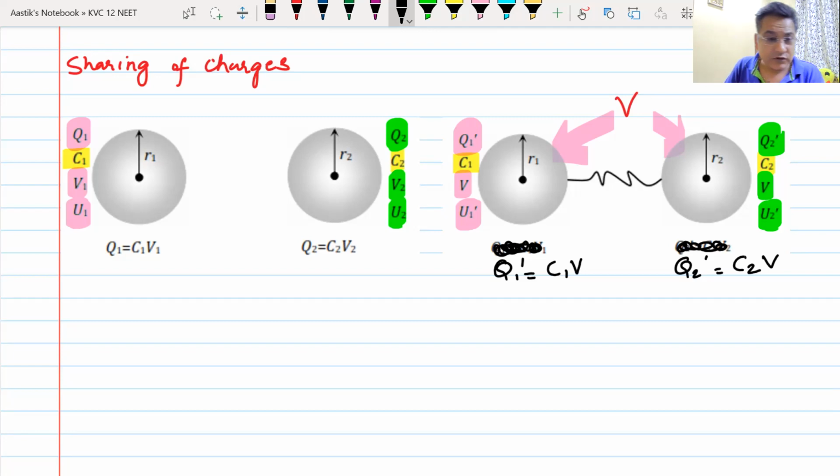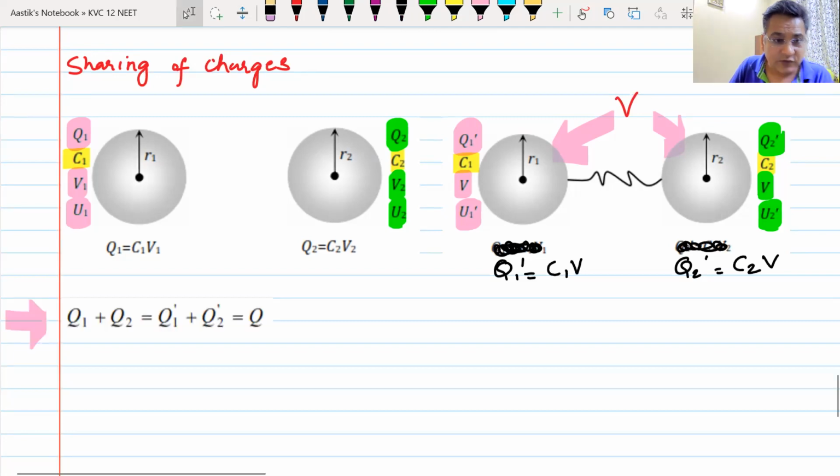The total charge in the previous case was Q1 plus Q2. The total charge in the second case was Q1 dash plus Q2 dash, and that remains the same. And the second thing you have to remember is this. If you remember these two things, you will be able to find out everything separately.